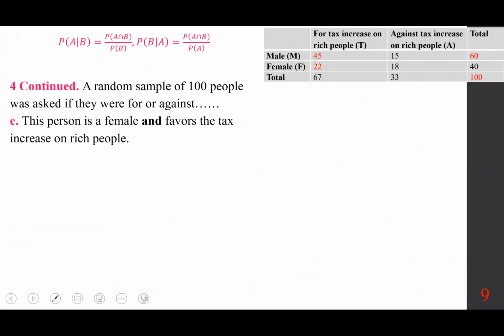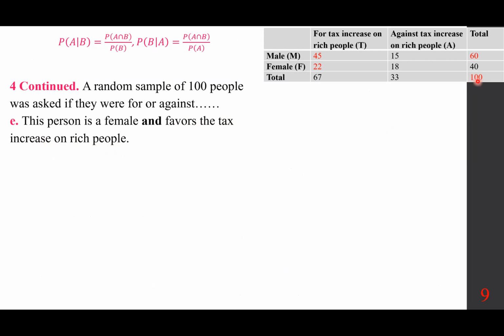We are going to move on with the same table, and now this person is a female, and it's the intersection of events. Favors the tax increase on rich people. First and foremost, the only time that the sample size, which is 100, shrinks is if you're dealing with a given or a conditional probability.